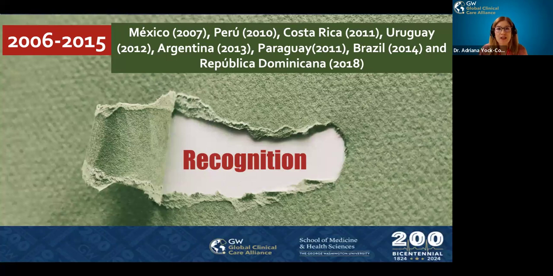They recognized the importance of this specialty, and it was around these years that we started with hospitals with pediatric emergency medicine doctors in the South Cone. We also had Brazil in 2014 and Dominican Republic in 2018 that recognized the specialty as such in the Ministry of Health and other instances.